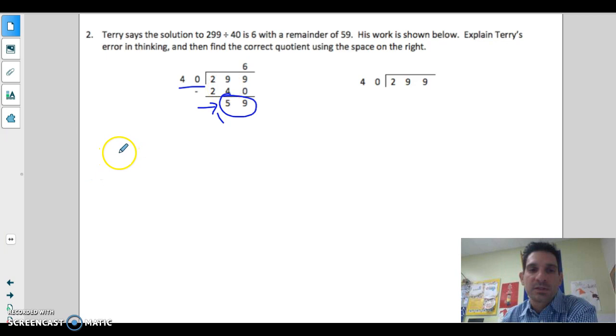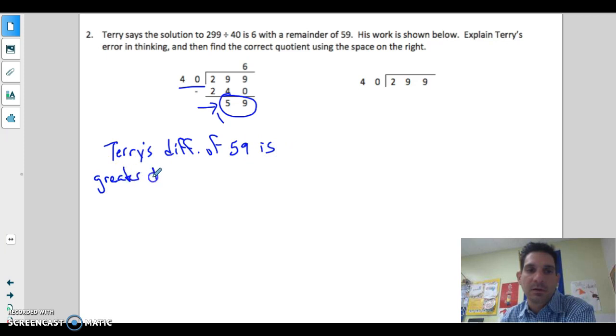So it says, explain Terry's error in thinking. Terry's difference of 59 is greater than the divisor of 40.